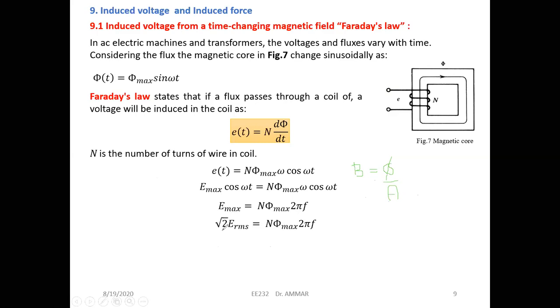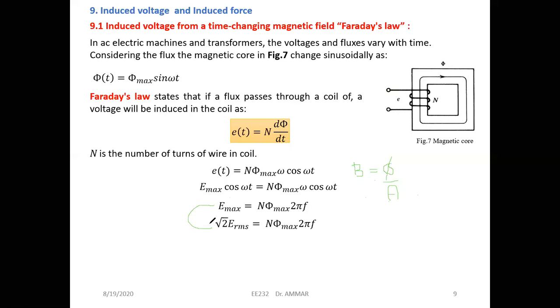And in our calculation we use RMS. You may have studied AC circuits before, but here in electric machines generally we use only RMS. We don't care about peak to peak and so on. We use mainly only the RMS values.